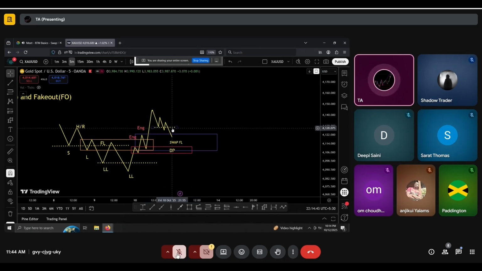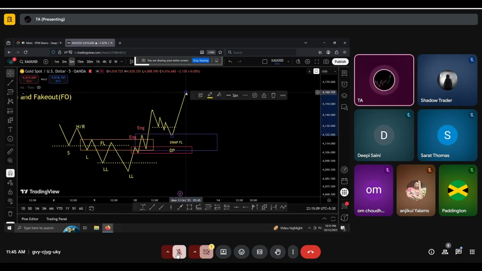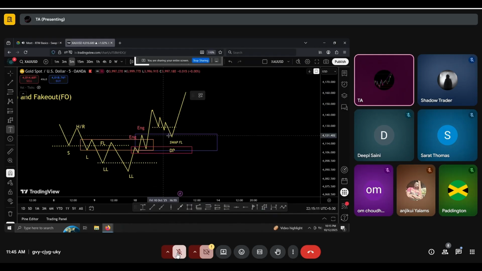So this fake out is actually taking out the liquidity, and inducement traders use different terms for that. We use the fake out term for this, right? So this creates a level here and then fake out, right? This fake out and then goes up again. So this will be our fake out.